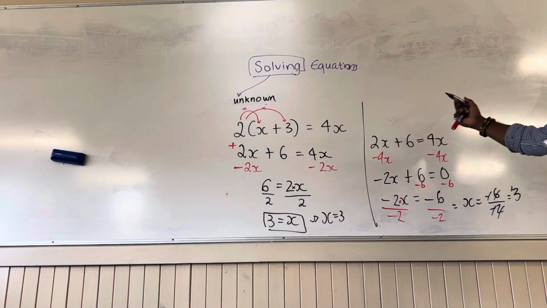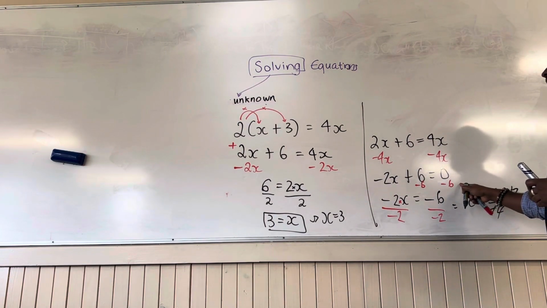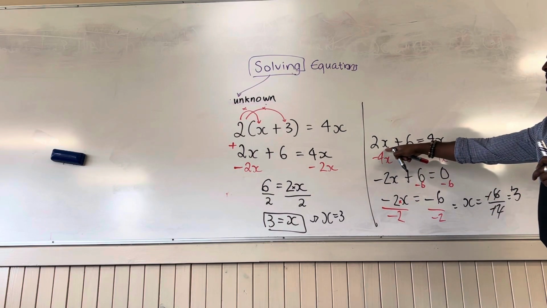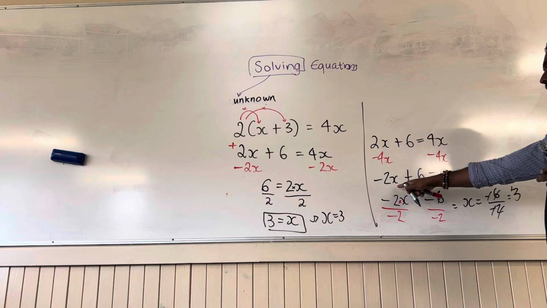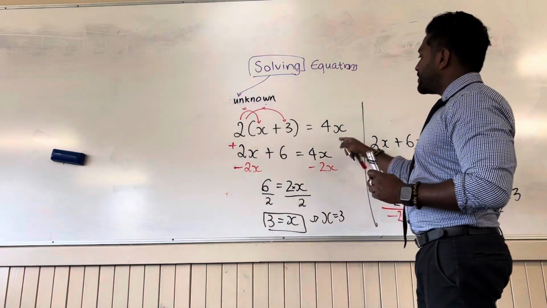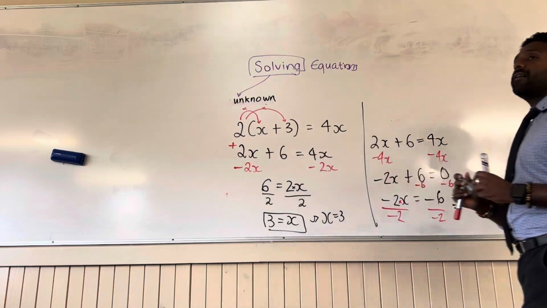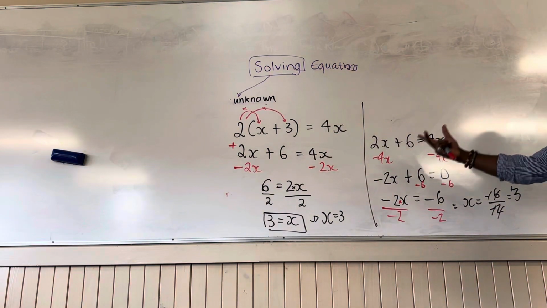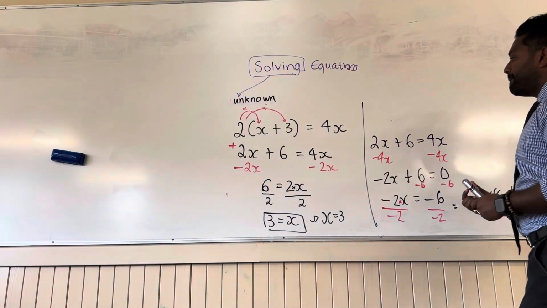So what you noticed here is, this is very, very difficult. The reason being is because you've done here 2x minus 4x. It's okay to do that, but you're dealing with a negative. Here, we've brought the 2x to this side, so a lower term to a higher term, and we subtracted it. Makes it much simpler, okay?